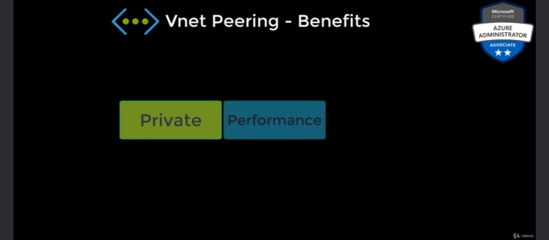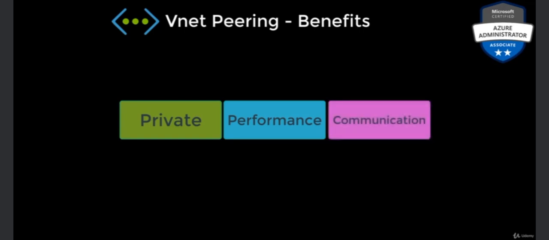A low latency, high bandwidth connection between the resources in different virtual networks is always maintained. That ensures highest performance. Once the virtual network is peered, the resources in one virtual network will be able to communicate with resources in a different virtual network.